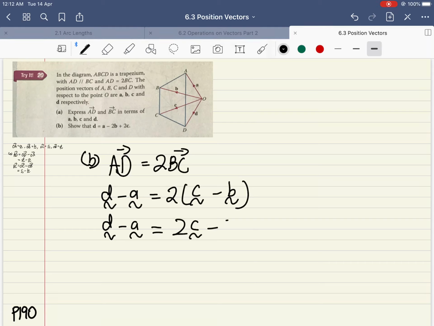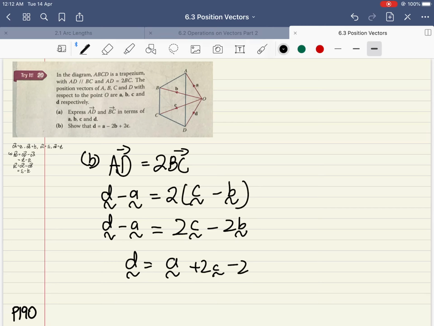So what happens here is this, D minus A equals 2C minus 2B. Just like we do a bit of manipulation there. So if here is negative A, you add vector A on both sides, it becomes positive A on the right hand side.